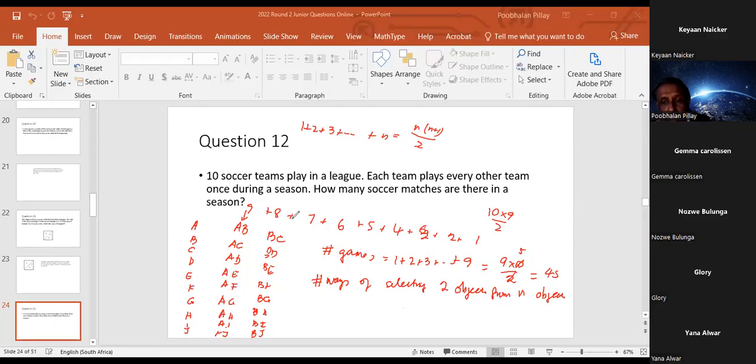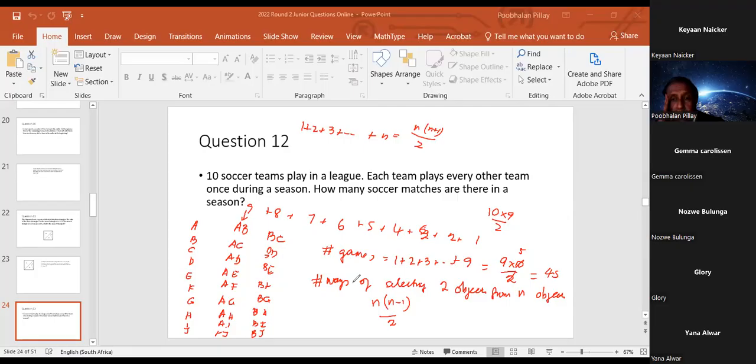Here you see it. We're selecting 2 from 10, and the answer was 10 times 9 divided by 2. So it will always be n times the one below that, which is n minus 1 over 2. It's a very, very important fact. And I told you to remember it, those of you who were in my class.